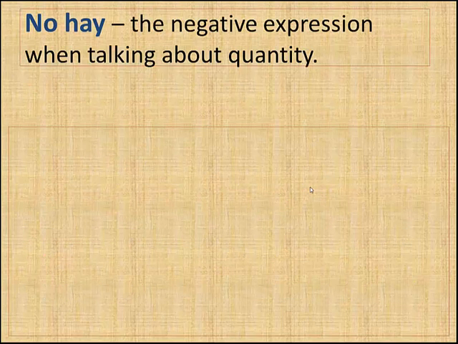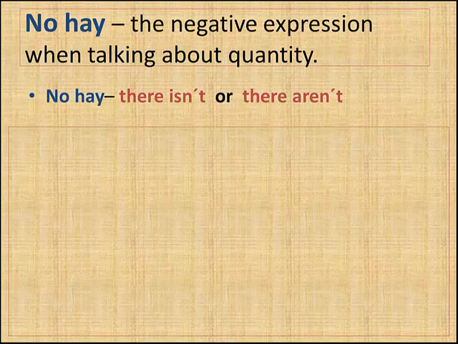Now let's look at no hay. So in Spanish, when we talk about the negative of things, the no comes before the verb. And technically, hay here, we're looking at a verb. Okay? So no hay, it's just a negative expression when we're talking about the quantity of things. Okay, it's pretty simple. So no hay.